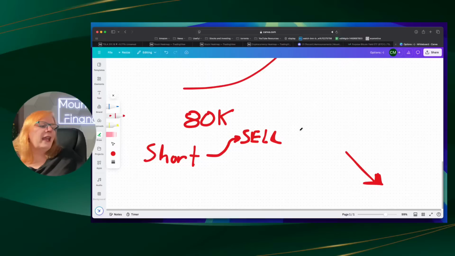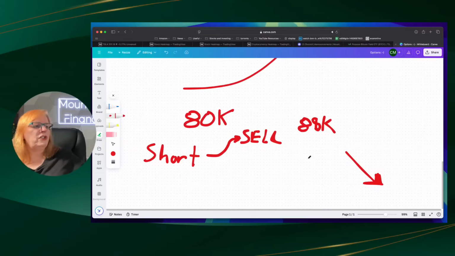If we're at 80K, they're going to set their strike price, of course, above it. Let's just go to 88K.